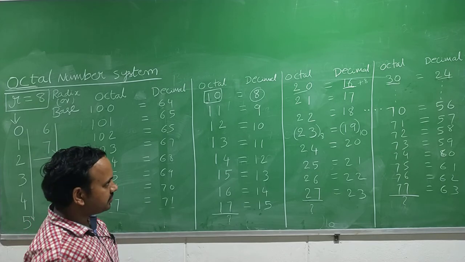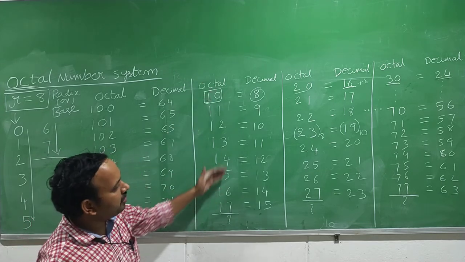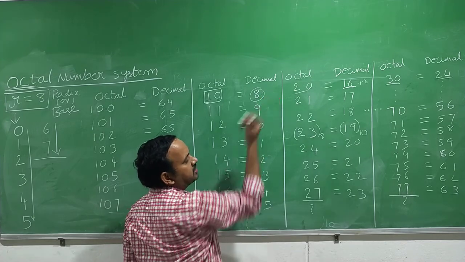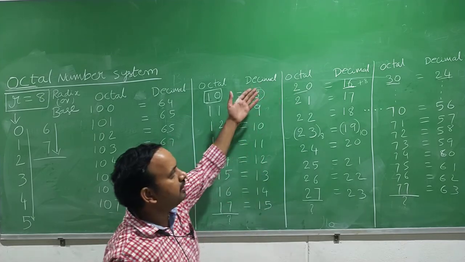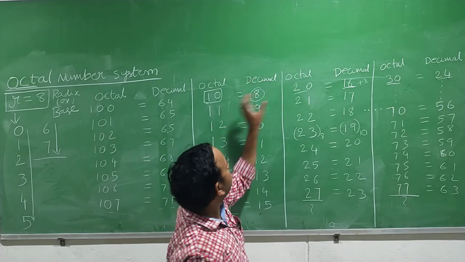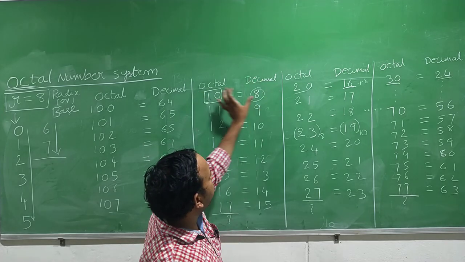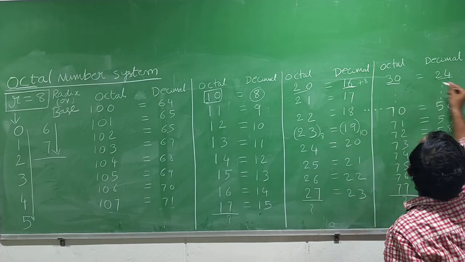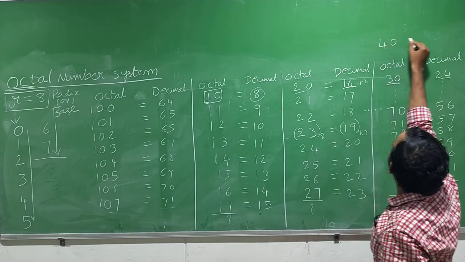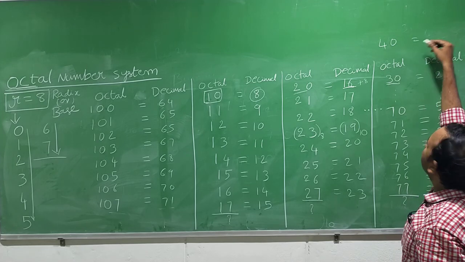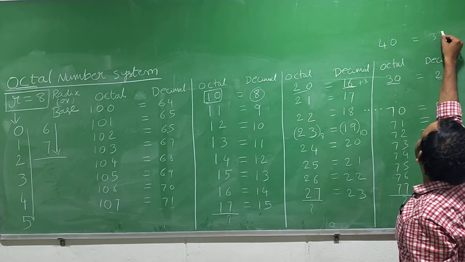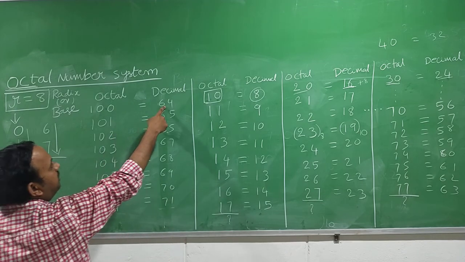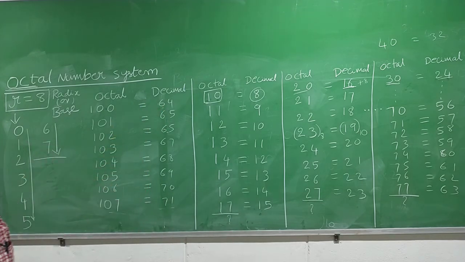For every time you repeat the sequence, 8 is added to the first number. That is why you can come to know easily. So 10 means 8, 20 means 16, 30 means 24. For example, 40 in octal means 4 into 8, which is 32. So you will get 32 here. Here the 8th time I am repeating, so 8 into 8, 64 I got here, right?